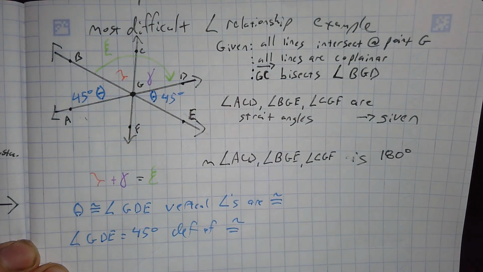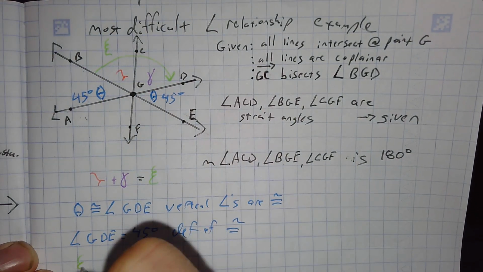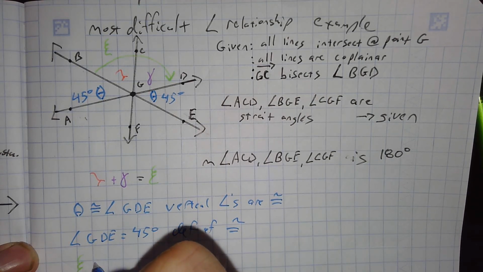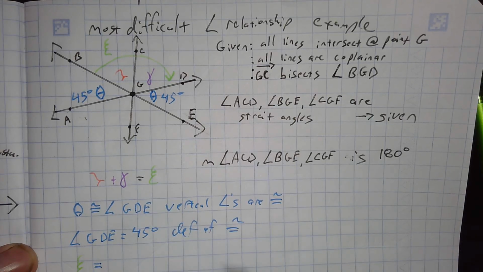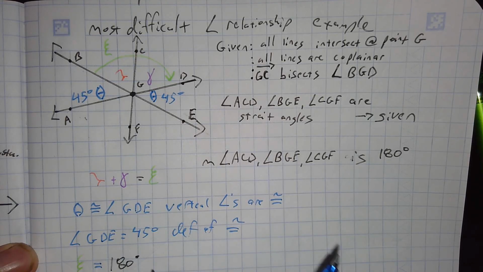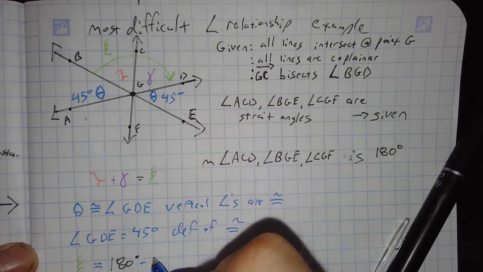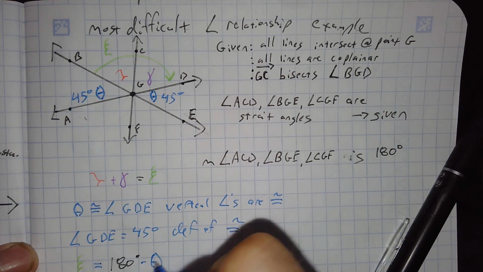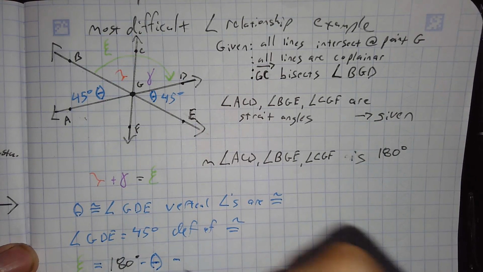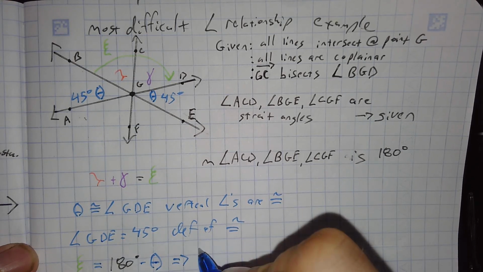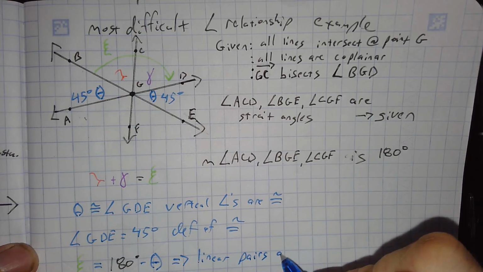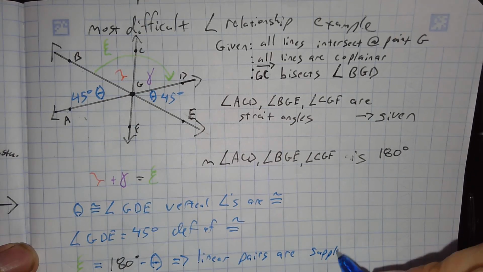So here I'm going to say angle epsilon, just makes it easy, is going to be equal to 180 degrees minus angle gamma, because linear pairs are supplementary.